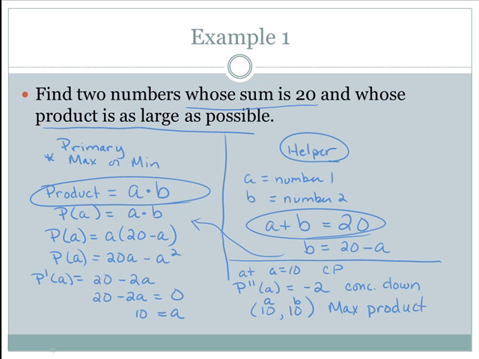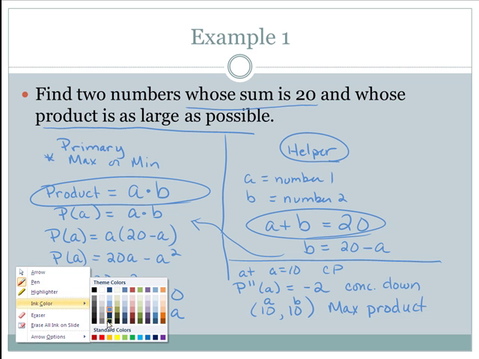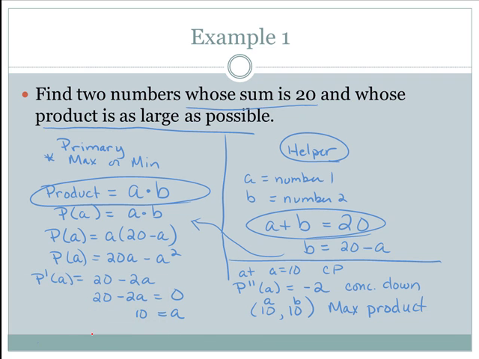So let me kind of recap what we did. Number one, let me get a red pen here. Number one, we set up our primary and then our helper equations. We picked our primary because it's what we wanted to be maximized or minimized.